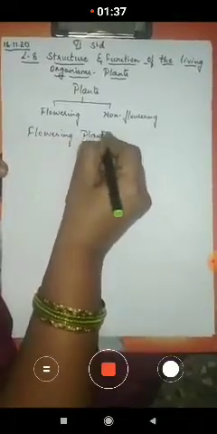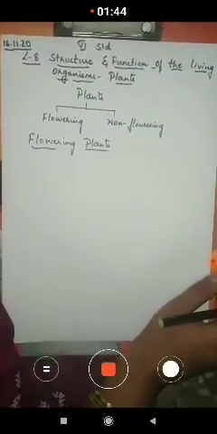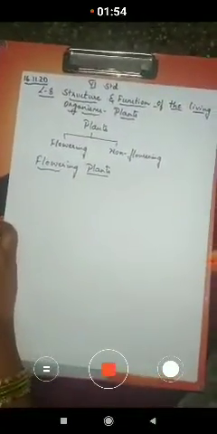Now when we take up the flowering plants, children, from lower classes you have learnt that when I tell you to draw the plant, the different parts of the plant you are going to draw are root, stem, leaf, flower.